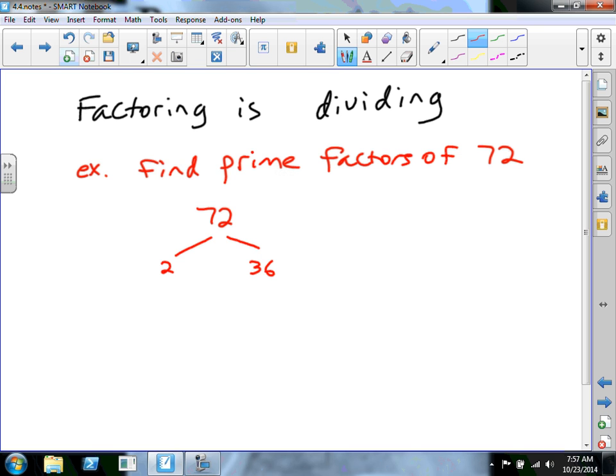When I had my pre-algebra students make factor trees, I'd tell them to box in any of the prime numbers. You don't have to do that, but that's just the way I showed them to do it. So then we look at the 36, and again we branch off, and 36 is divisible by 2, 18 times. And 18 is divisible by 2, 9 times. And then when we get down to 9, we realize 9's not divisible by 2.